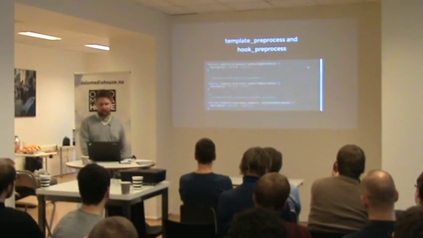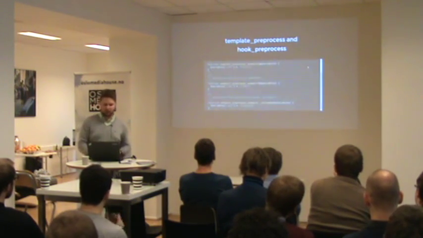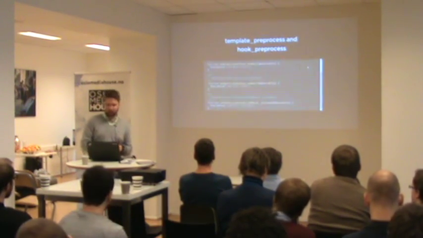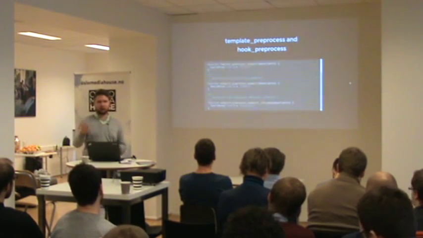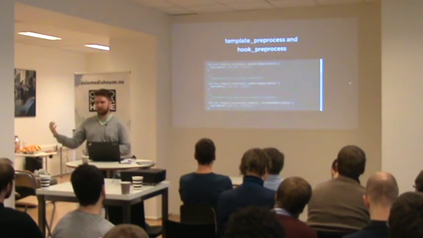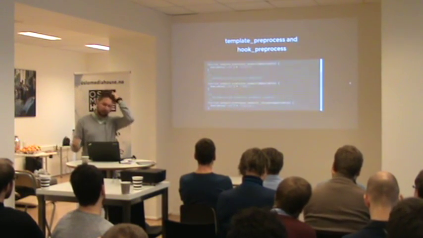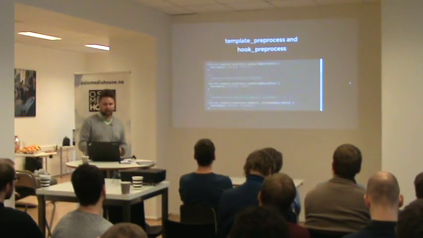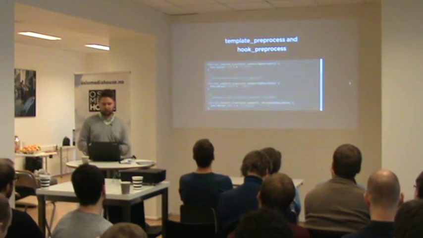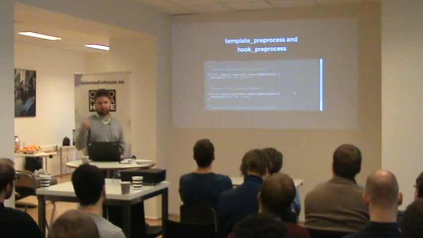After that is the layer where you can hook into, which is hook_preprocess_sandwich. So this is the place that you can use in the other modules and also in the theme. And here you can trust that every time you go to the hook_preprocess function, the template_preprocess has been run.